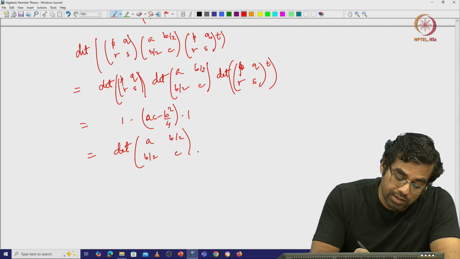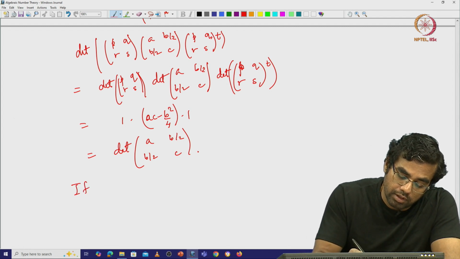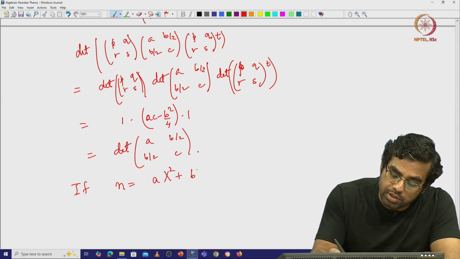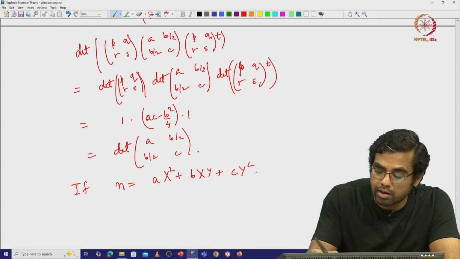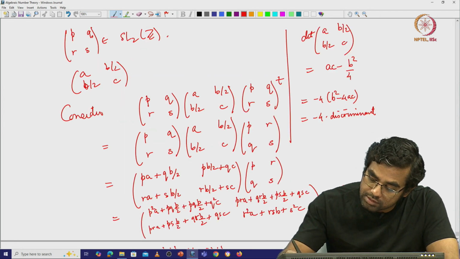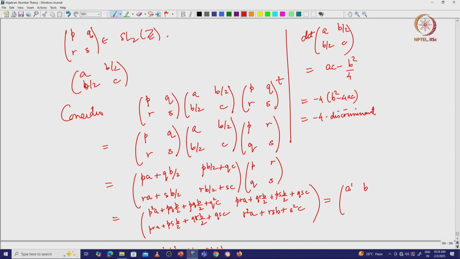The second thing is, if n is equal to a x squared plus b xy plus c y squared, let me give this matrix a name. Let me call this (a' b'/2; b'/2 c').